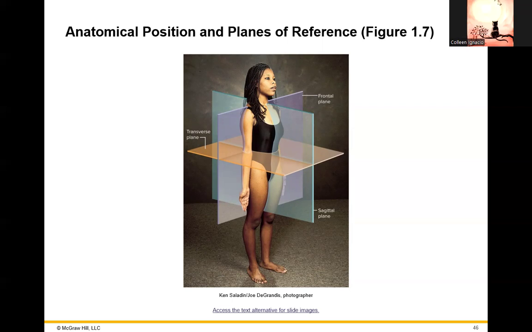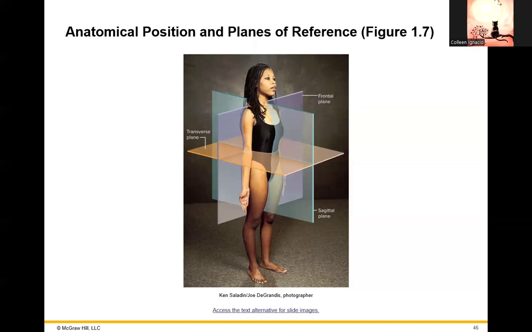The top would be considered superior, and the bottom half would be considered inferior. Those are some terms that we're going to talk about towards the end of this presentation. These terms you definitely have to know. So that's the transverse plane. We have a sagittal plane, and this actually is a mid-sagittal plane. The sagittal plane divides the body into a left and right half.